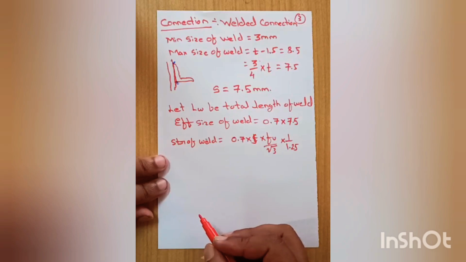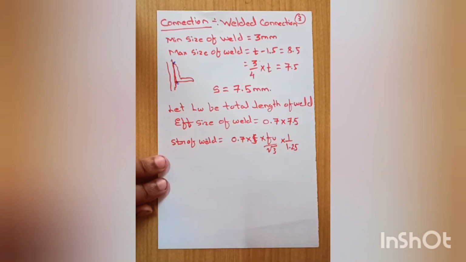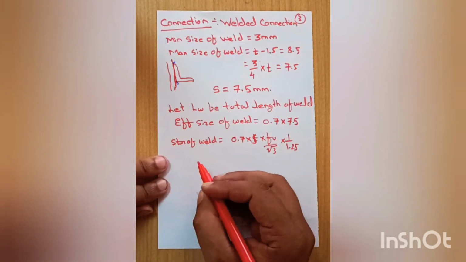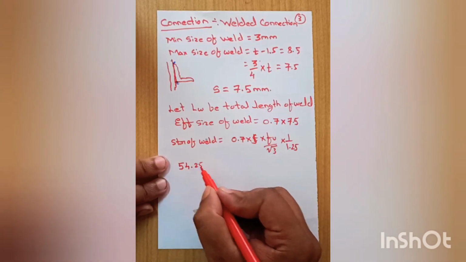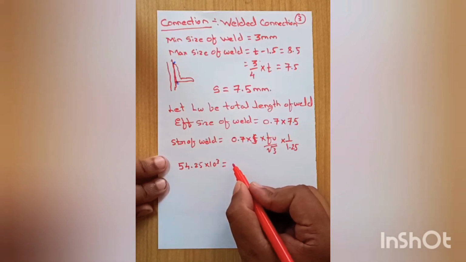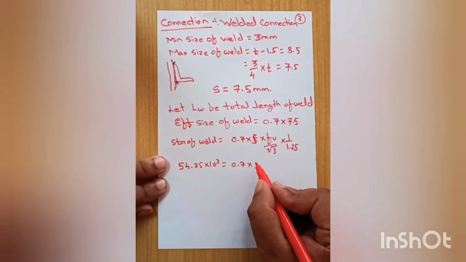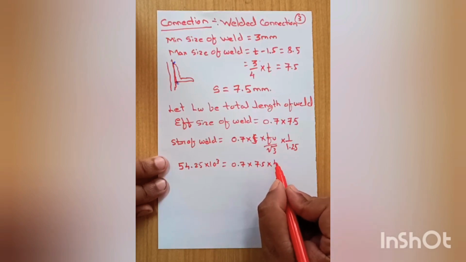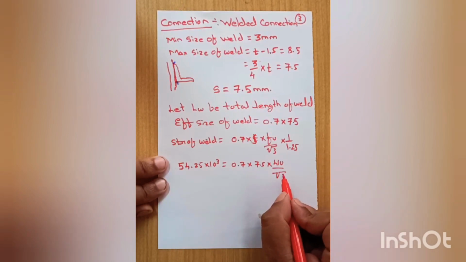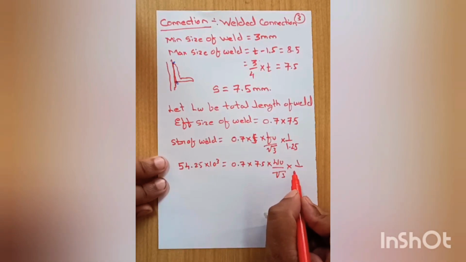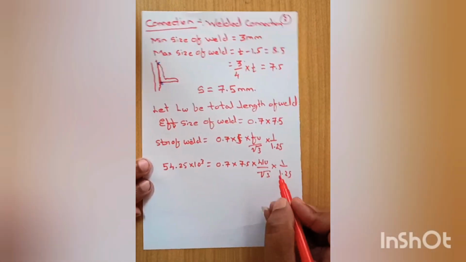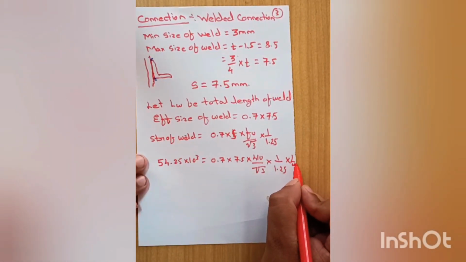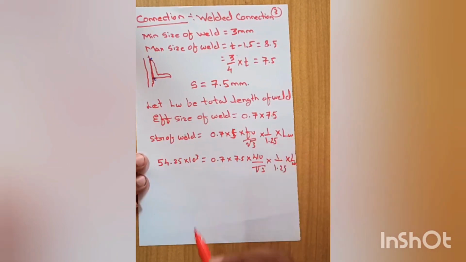Now this weld, whatever connection we are providing, it has to withstand a force of 54 kilonewton, right? So 54.25 into 10 to the power 3 equals 0.7 into 7.5 into 410 by root 3 into 1 by 1.25, this whole multiplied by LW.